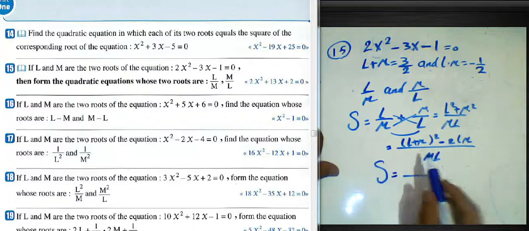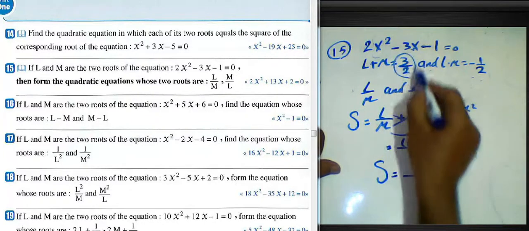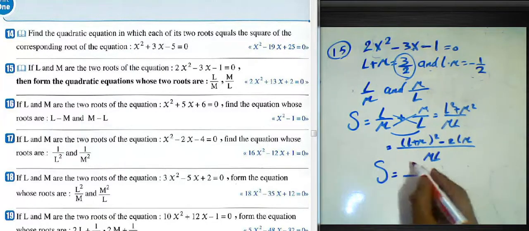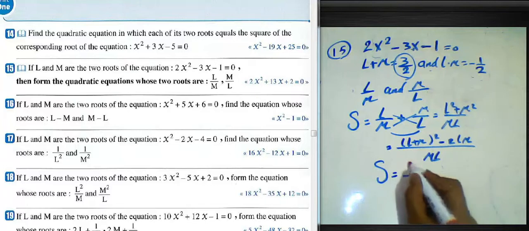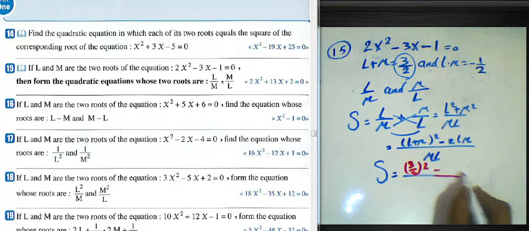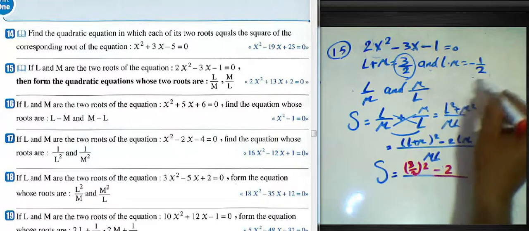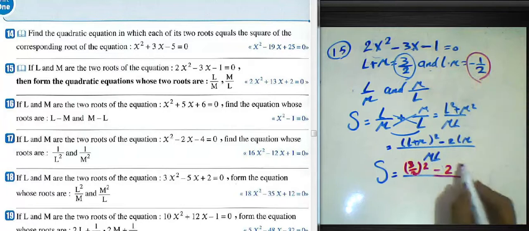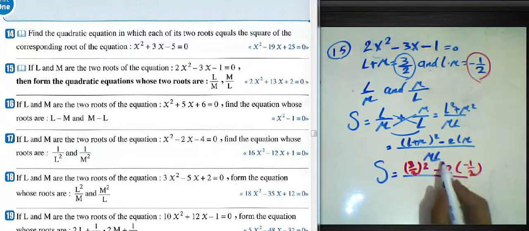L plus M was 3 over 2. Look with me here, 3 over 2 to power 2, subtract 2 multiply L and M. L and M multiply equals negative 1 over 2, negative half, and ML equals negative half.